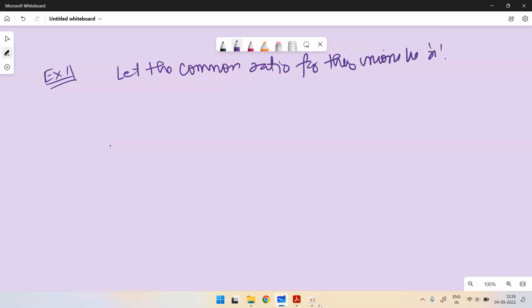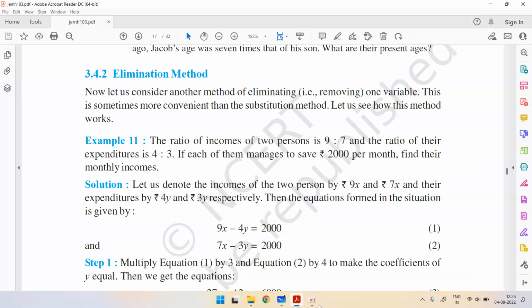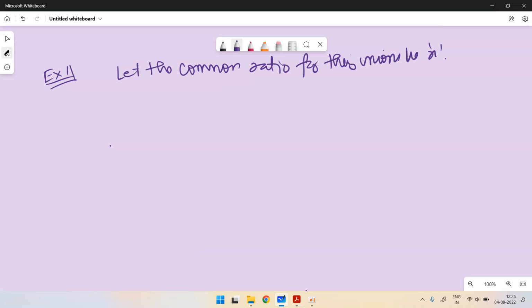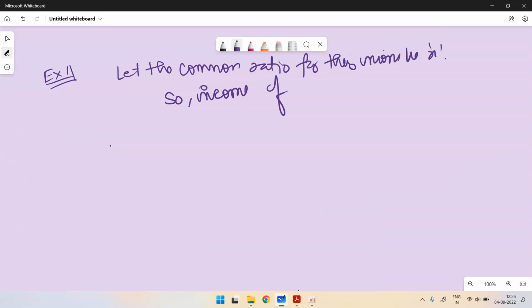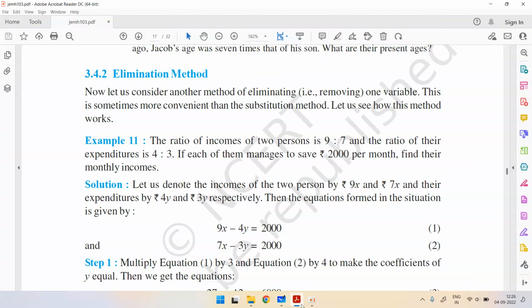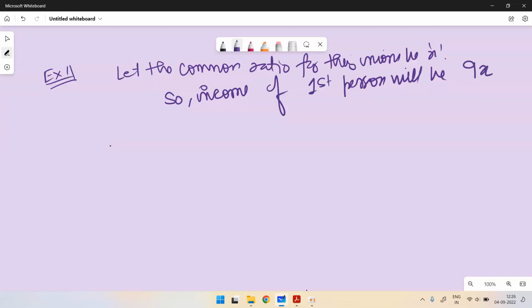So the income of the first person will be 9x, and the other will be 7x.